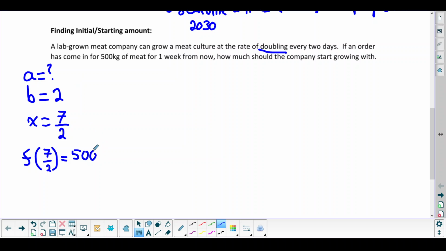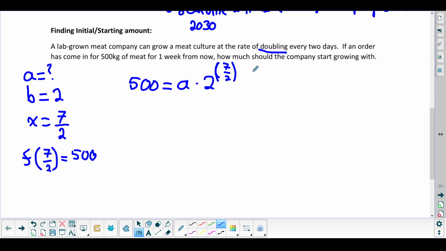So we can write out our general equation. We know the function is 500. A we don't know, but b we know is 2, and we know the exponent is 7/2. Now, once again, when you're writing these fractions in your exponents, make sure you're using brackets on your calculator.